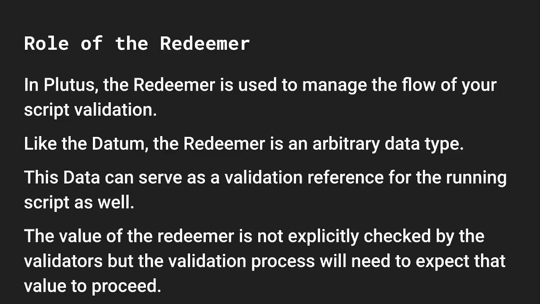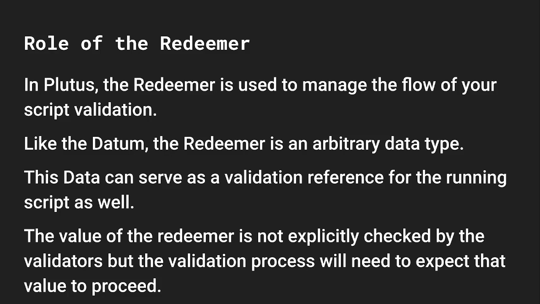Just like the datum, the redeemer is an arbitrary data type. That data can be used as a validation reference, in our case the flow, and it's also used to manage your own validation and checks. The value of the redeemer is not explicitly checked by the validator.